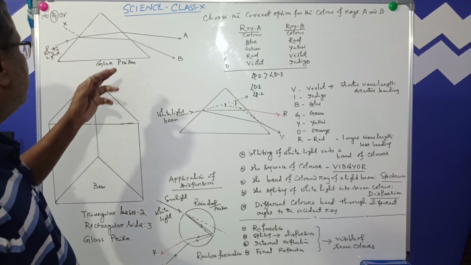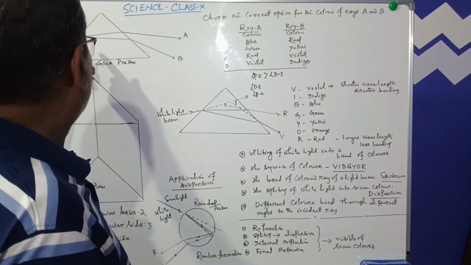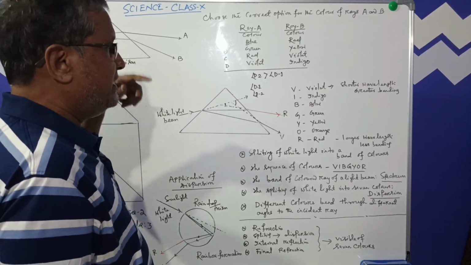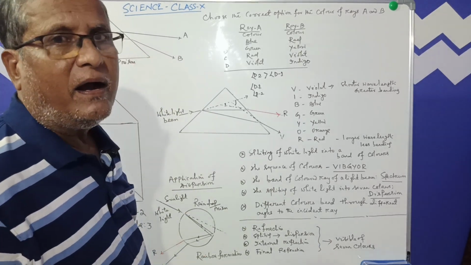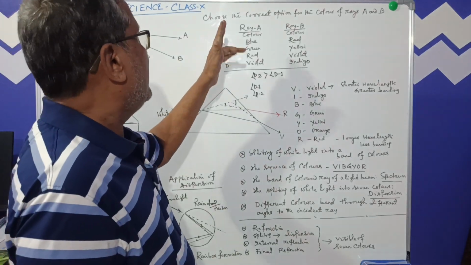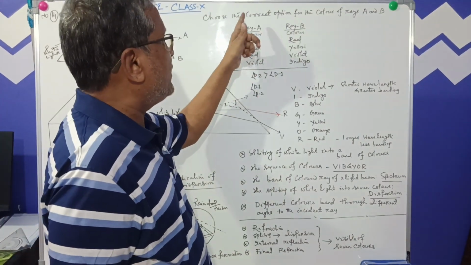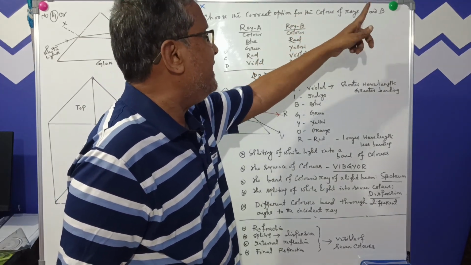That's a glass prism. Now white light, and after this phenomenon, two rays have emerged, and the question is, choose the correct option from the color of rays A and B.